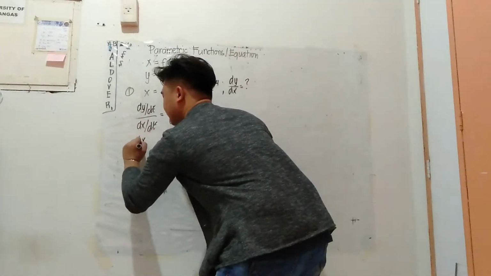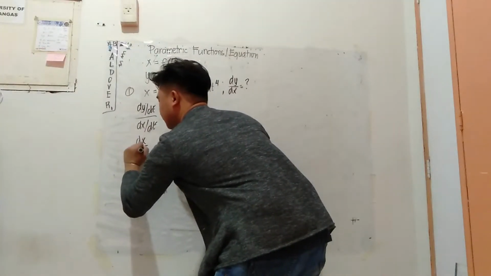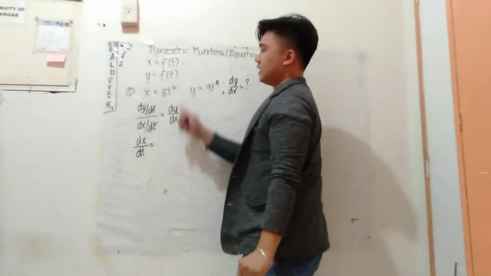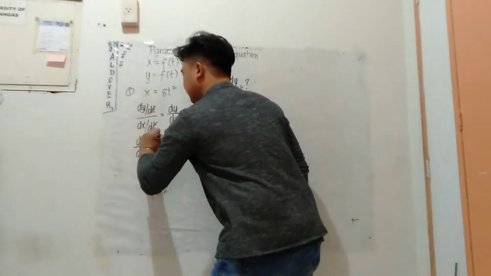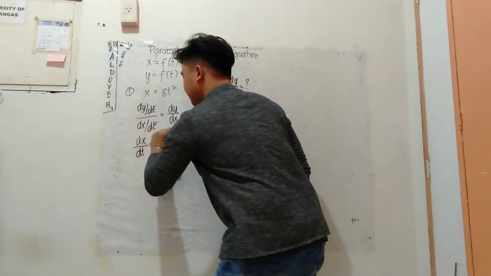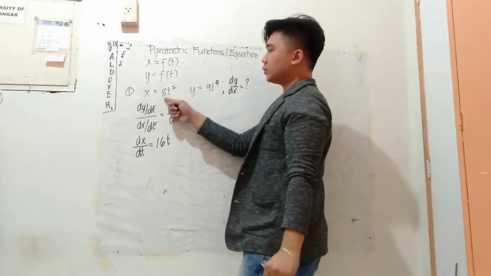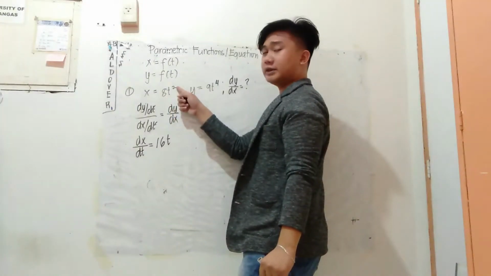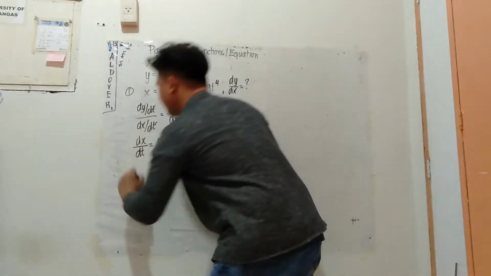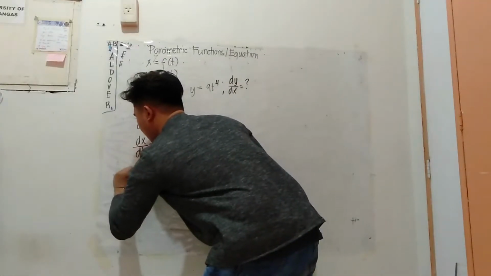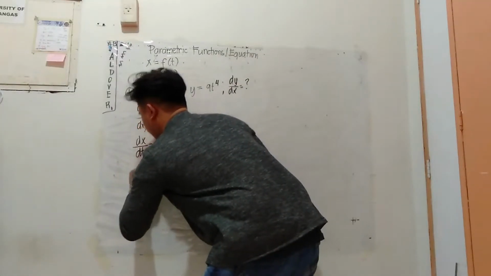Now, what is the derivative of x with respect to t? So, ano mangyayari sa 8t squared kapag in-differentiate natin? That will become 16t. Bababa si 2 times 8 yung 2 doon dahil bumaba, mamamaynus ng isa. Ngayon, hanapin ko naman si dy over dt.